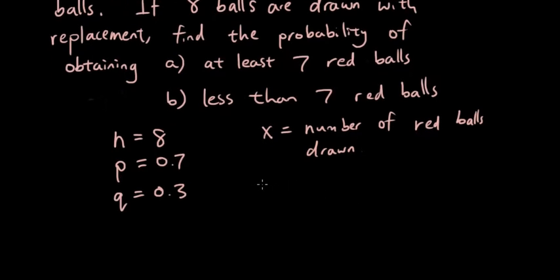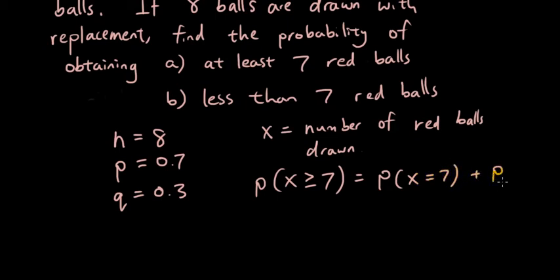Right, so the probability of X being at least 7, so bigger than or equal to 7, will be equal to the probability of getting 7 red balls plus the probability of getting 8 red balls.